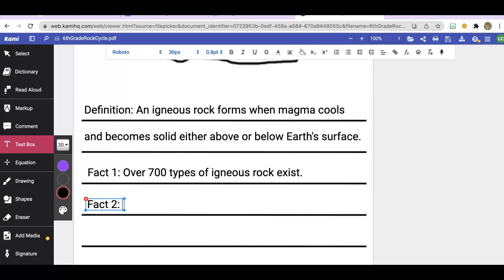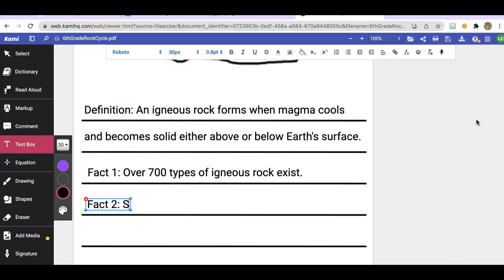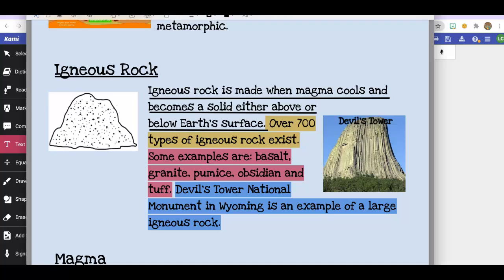I'm going to go back to my facts and research and look for my next fact. It says some examples are basalt, granite, pumice, obsidian, and tuff. Let's write that fact. Some examples are pumice. Look, I already forgot what I read.